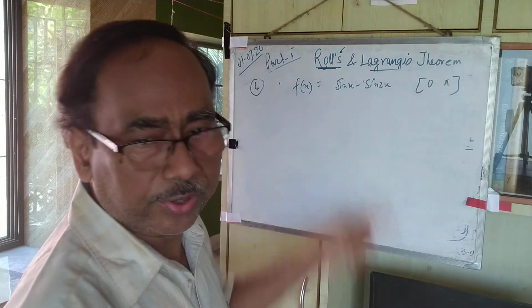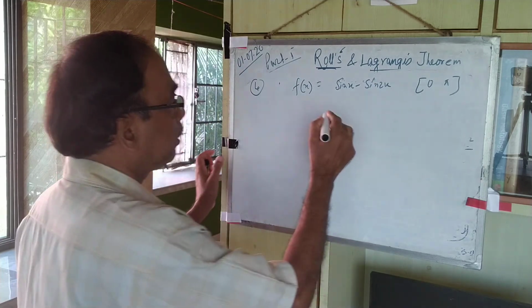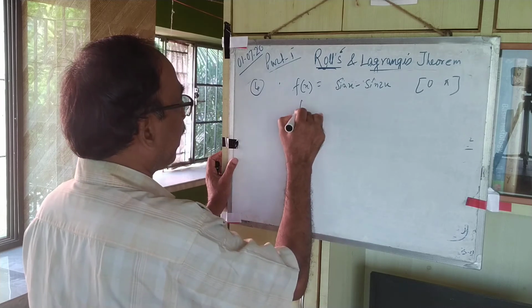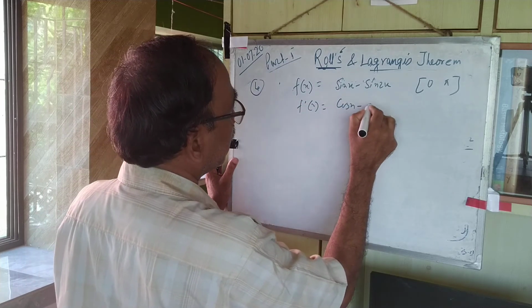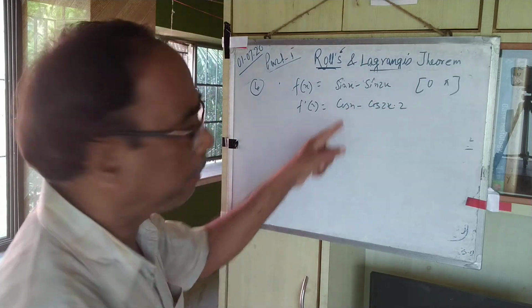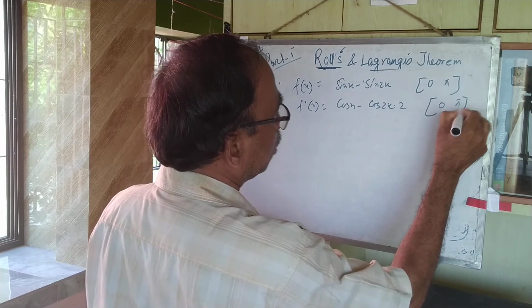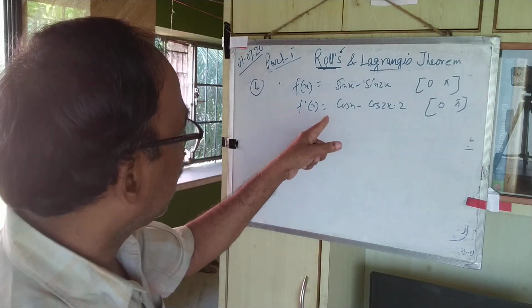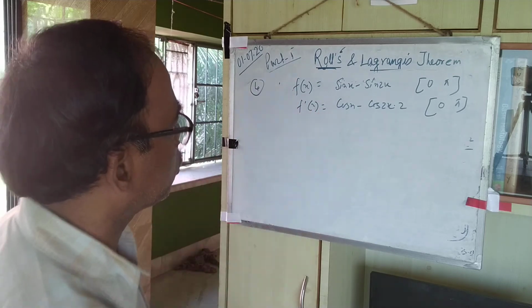It is a trigonometric function, therefore it is continuous. And f dash x equals cos x minus 2 cos 2x, which is derivable in the closed interval 0 to pi. Therefore, it is continuous and derivable, and it exists also.